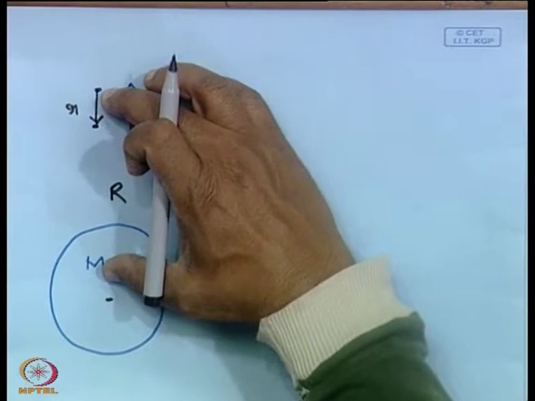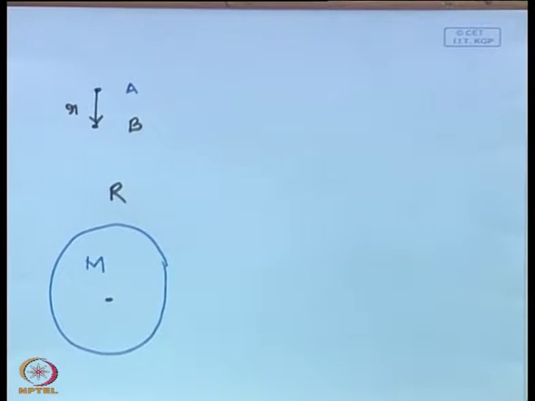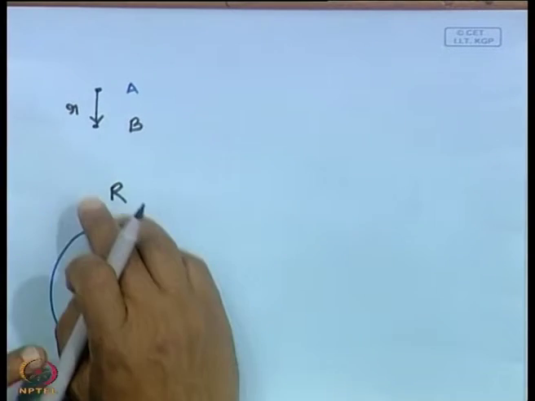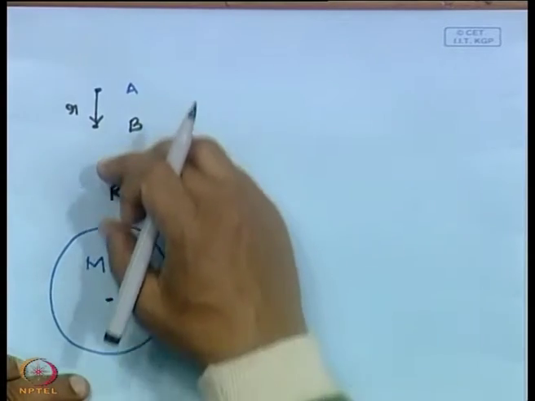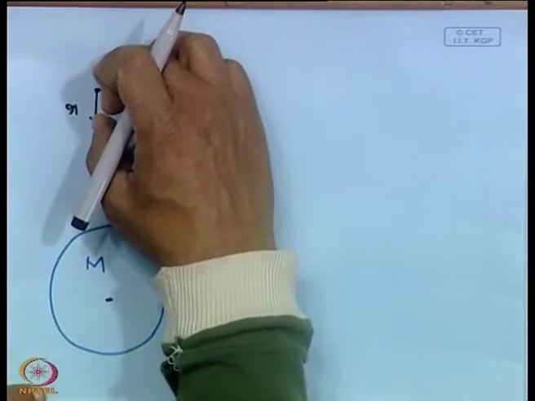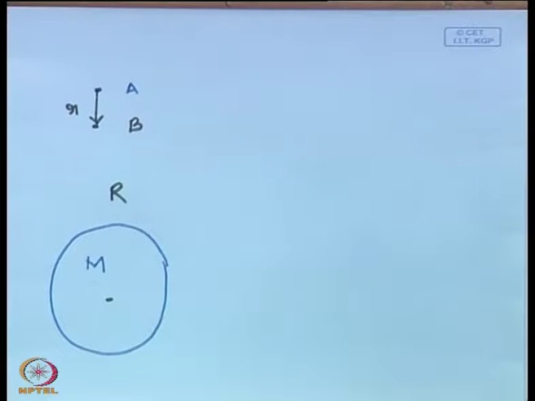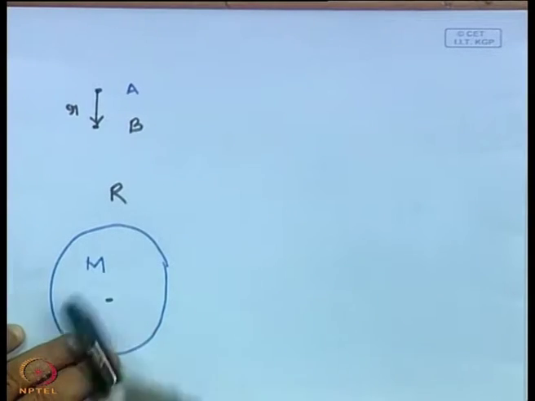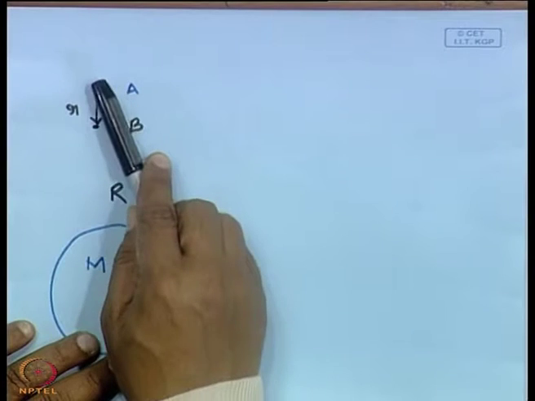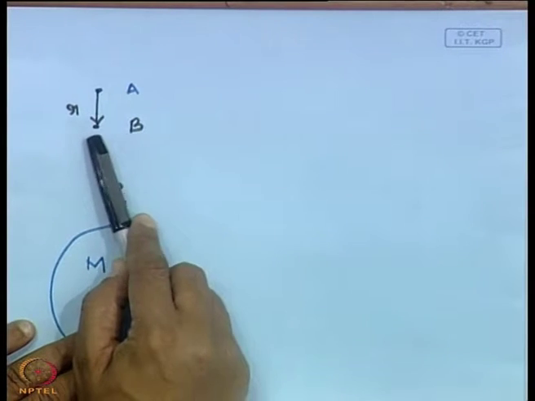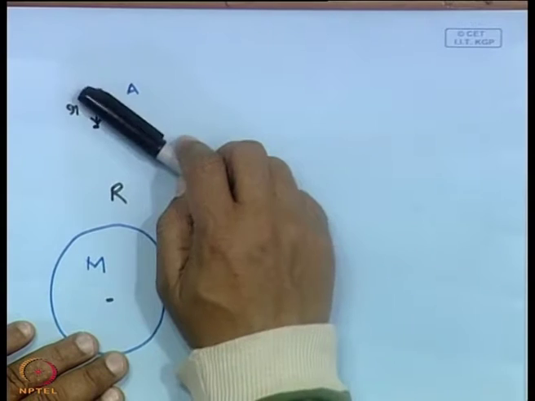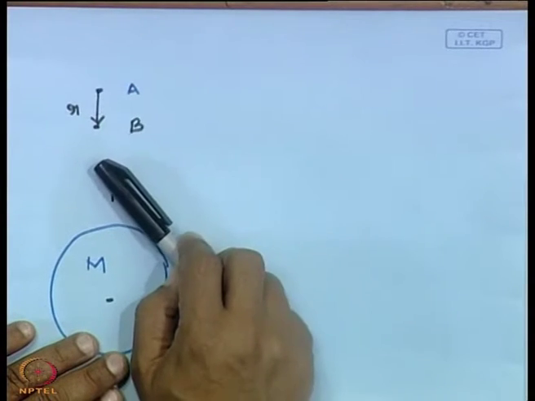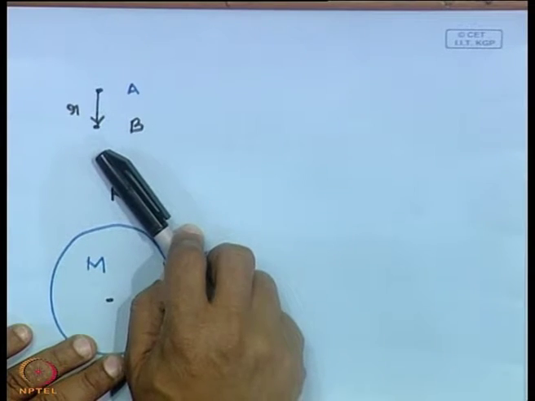So the observer A is located at a distance capital R, and the particle B is at a distance r less than that of A. The question we are going to ask is: suppose there is an observer sitting here who is falling freely in the gravitational field, what is the acceleration of B relative to A?